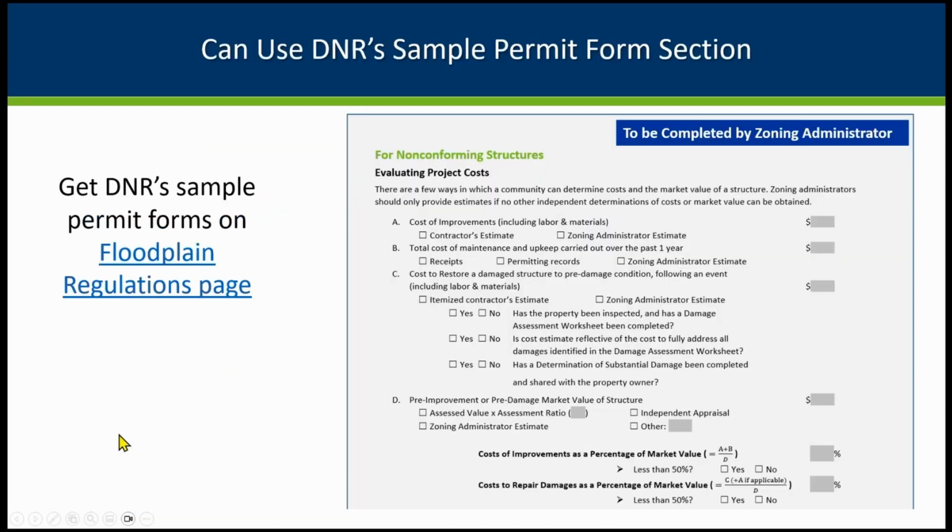We do, in our sample floodplain permit form, have a section in the part for the local zoning officials where we step through what you would use to get estimates of the costs of the improvements. Especially in those places in that 40 to 60% damage range, you need to look more carefully at whether they have substantial damage or not.